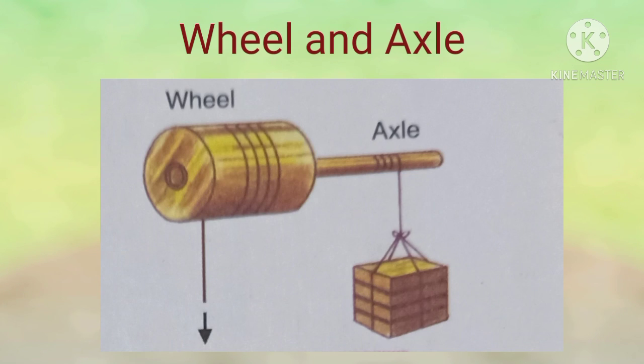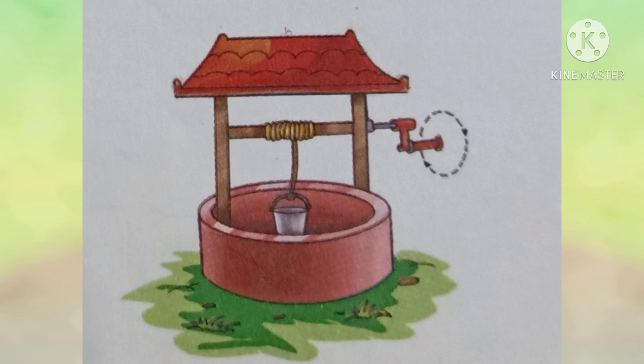Now we discuss wheel and axle. Wheel and axle essentially consist of two cylinders of different diameters joined together such that if one is made to rotate, the other also rotates.